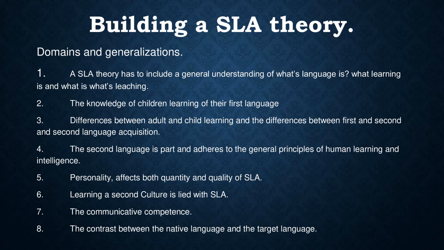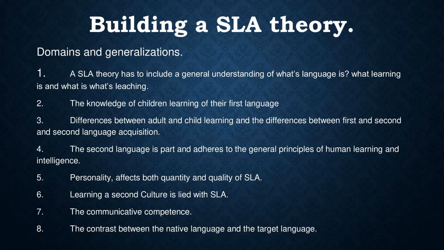In the learning of a second language, the second culture is often intricately woven. The communicative competence is the last goal of learners, and it is the language socialization. They deal with function, discourse, style, and nonverbal aspects of human interaction.